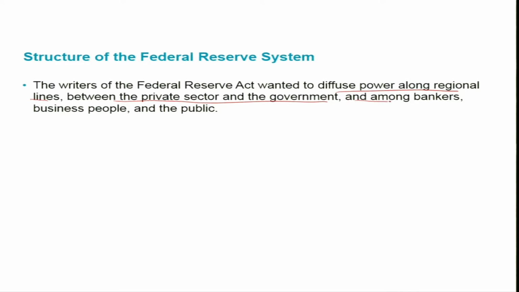So, you can see that this is mostly decentralized, that means diffusing power along regional lines. The private sector is involved, because the private sector, including firms, are the dominant borrowers from the financial market. Then the government, and the bankers, since the banking system is another important pillar, then business people and the public are all involved.